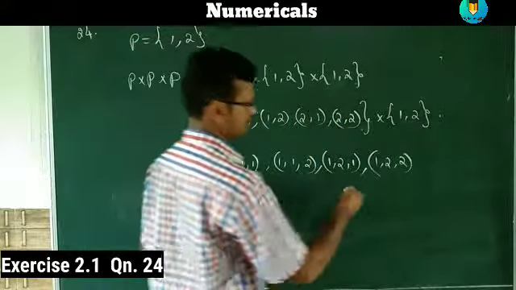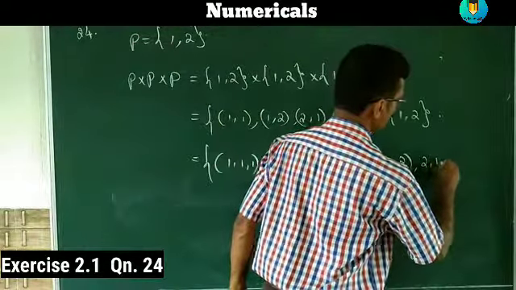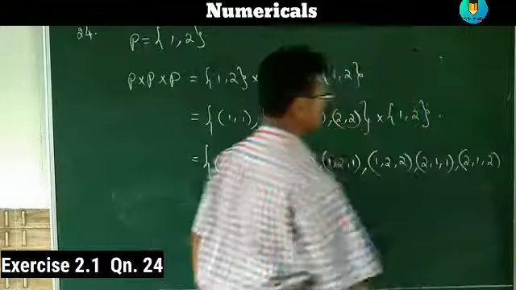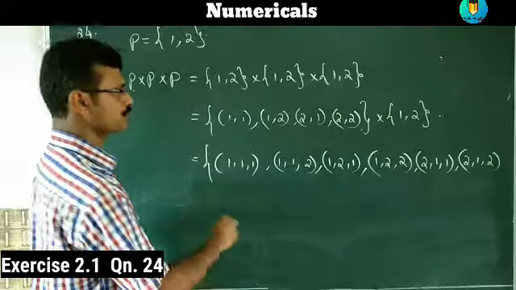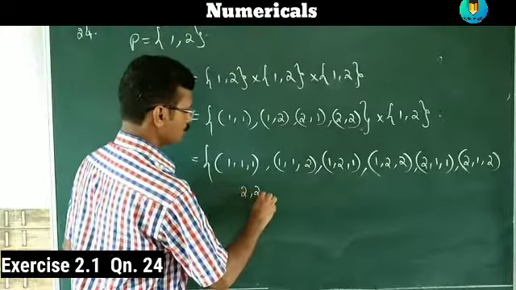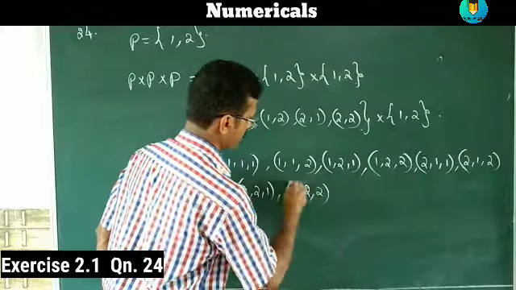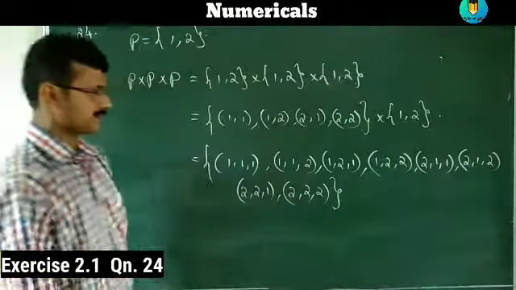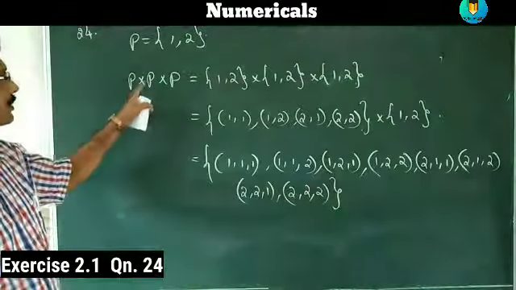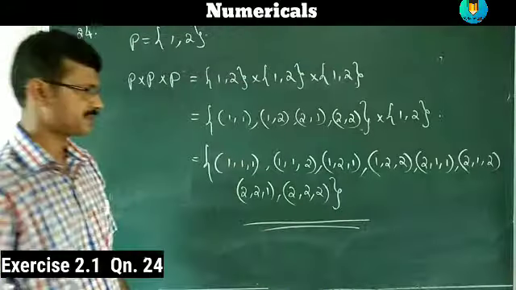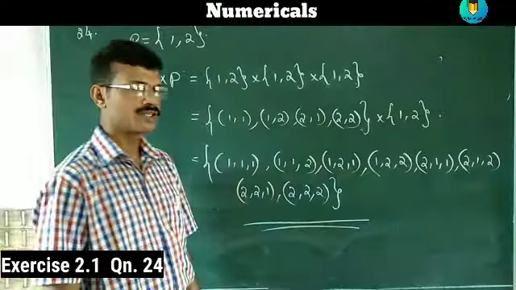Now with 2, 1: 2, 1, 1; 2, 1, 2. The 2, 1 is over. Now with 2, 2: 2, 2, 1 and 2, 2, 2. So here we went for P cross P cross P. These are the elements of this set. So we will stop here.